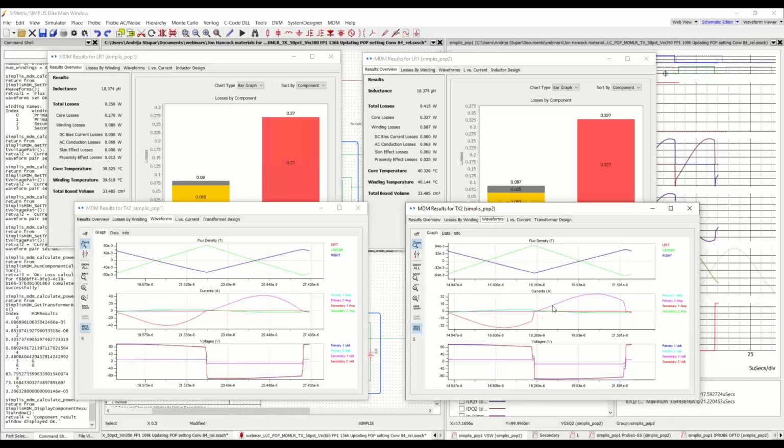Now here you see a kind of irregular or semi-sinusoidal, you might say, shape of the winding currents. So you might be tempted to set that winding shape as being sinusoidal, one or more harmonics. However, when we look at the flux density, we see that the flux density is more or less perfectly triangular.